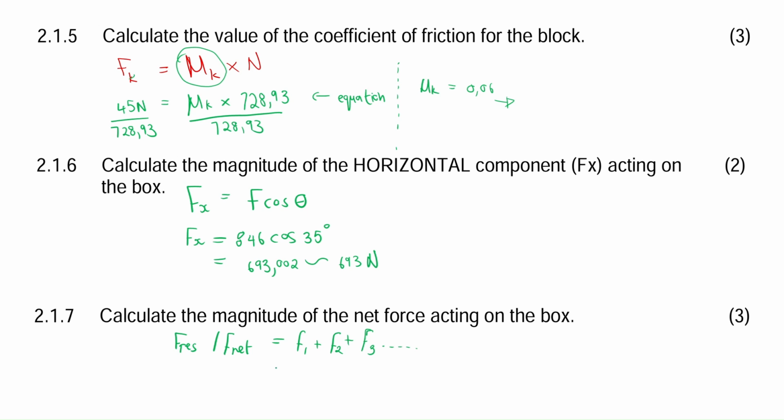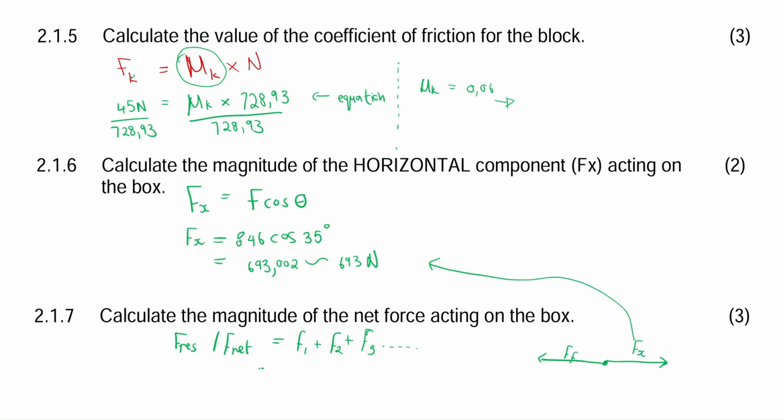Now, what are the forces acting in the horizontal direction? Well, if I remember my free body diagram, I know that I have a force of friction acting to the left. And I also know that I have a f of x that I have solved for over here that is acting in an easterly direction.